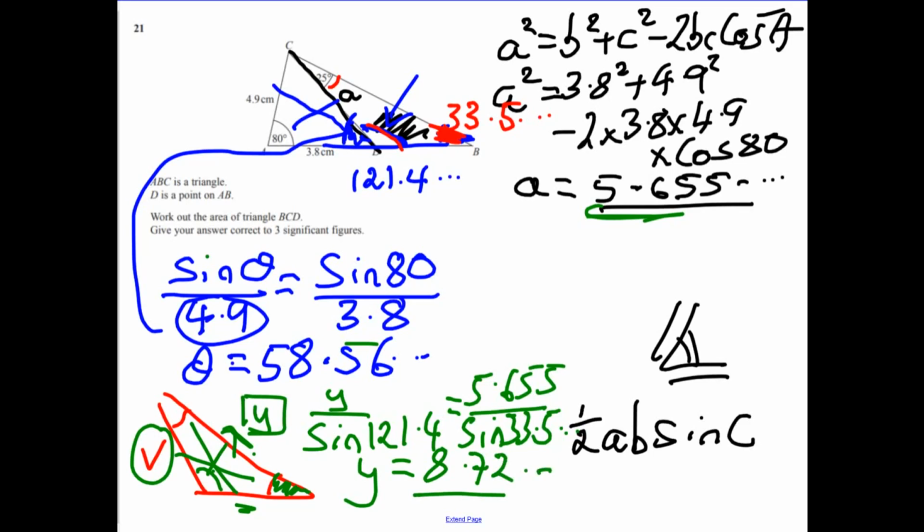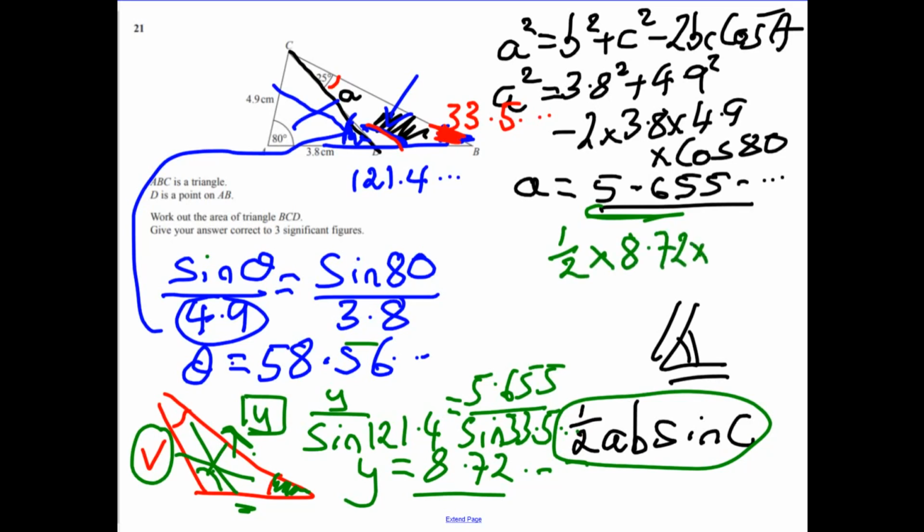Now all we've got to do is sub them into the area of a triangle. So we need to sub them into a half multiplied by 8.72, multiplied by, remember, try and use the full value of this, 5.655, and then multiplied by the sine.